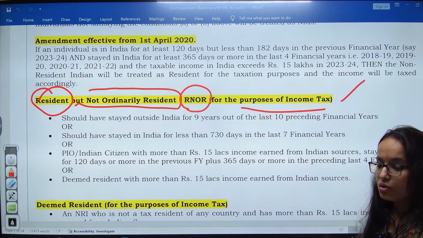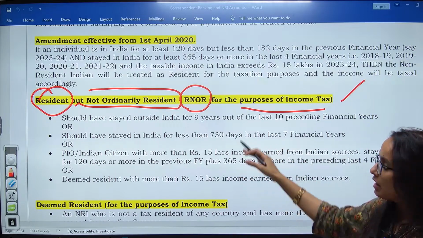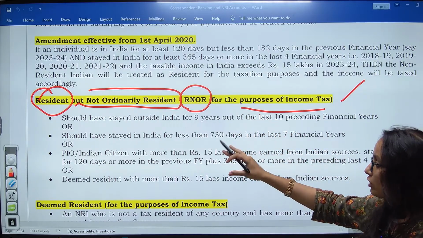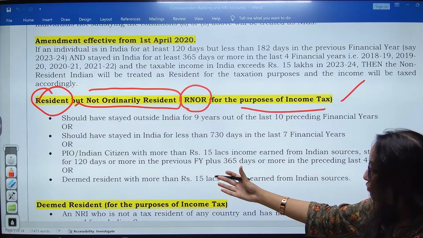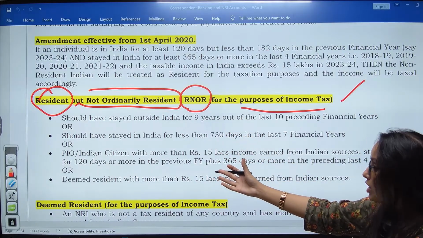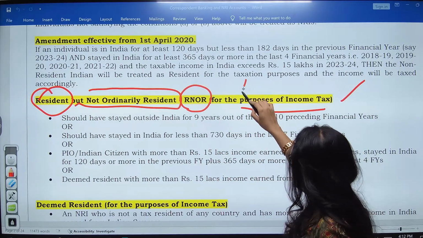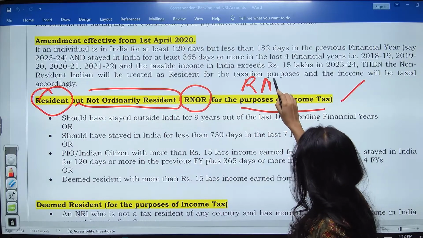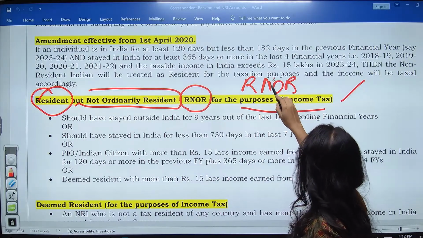These are the criteria mentioned by the same act. If you fulfill either of them, you can be classified as resident but not ordinarily resident.